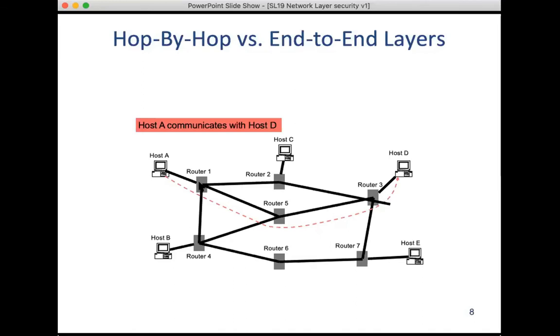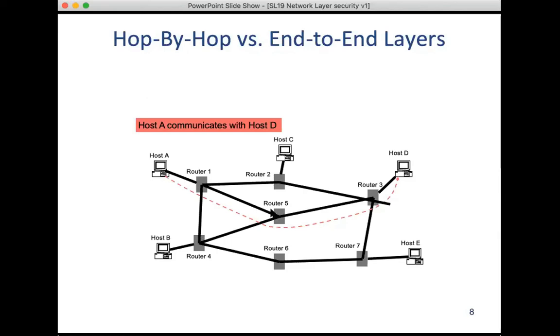It has three choices: router 2, router 5, and router 4. It has a table built inside it, called the routing table, and it consults the routing table and decides which link or output port to send this packet to. Let's assume it decides to send this packet to router 5, on this particular link shown here.